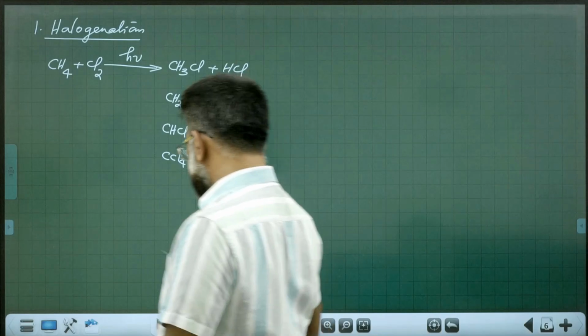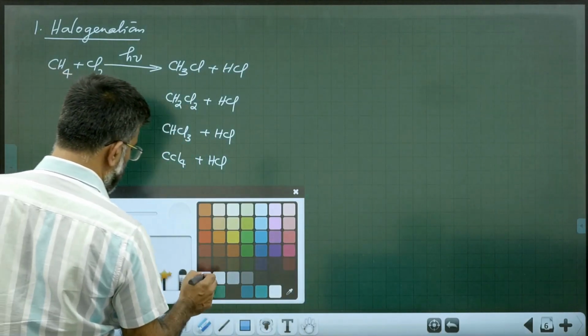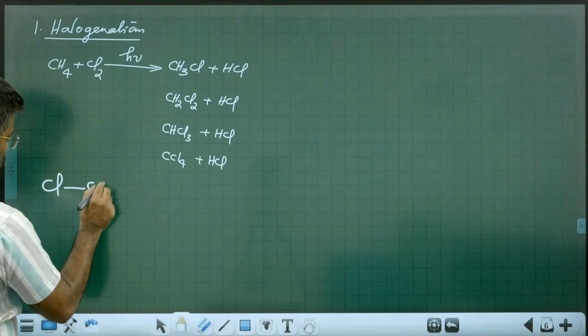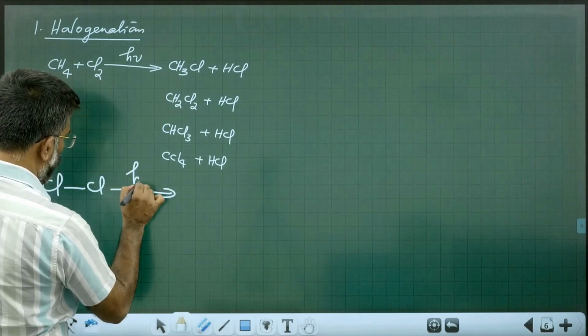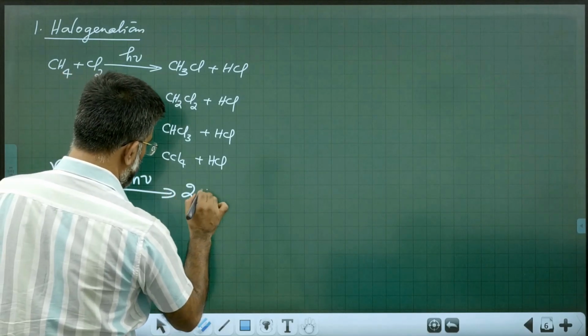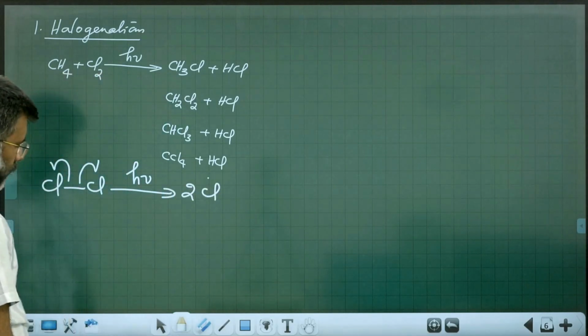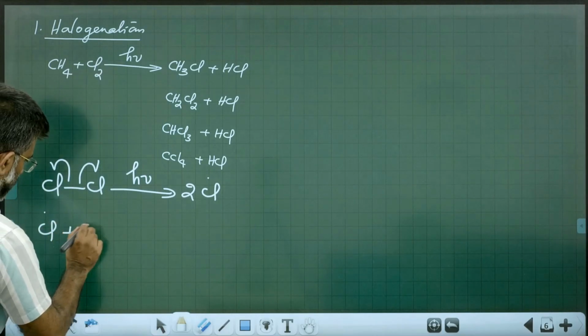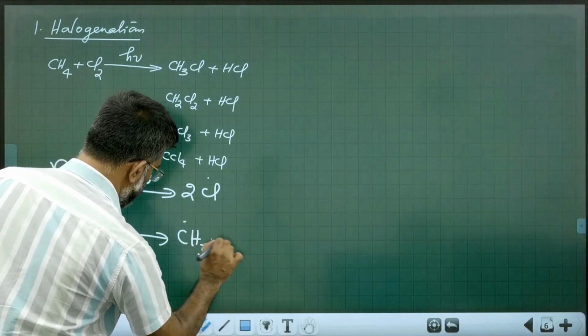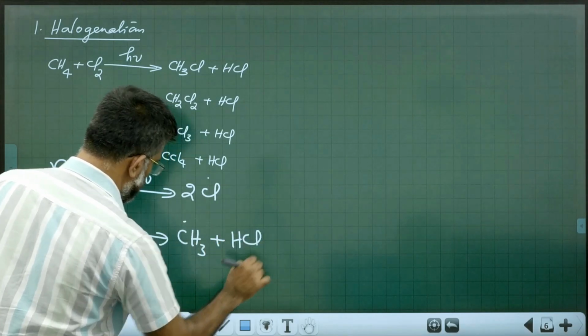The reaction is initiated by homolytic fission of chlorine. So Cl2 undergoes homolytic fission in the presence of light, and you get two chlorine free radicals. That chlorine free radical attacks methane, and you get a methyl free radical, releasing HCl.